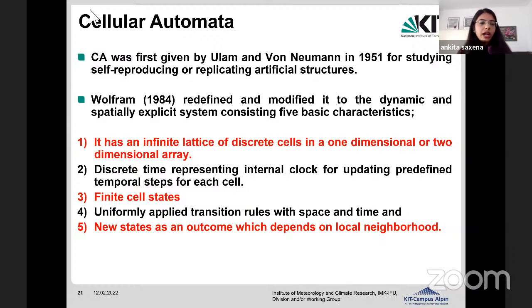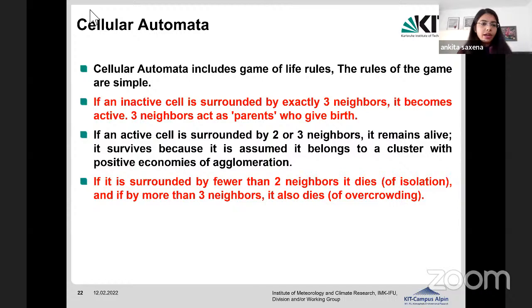That is one thing, and another is the probabilistic term, which is a time series. This combination makes a complete cellular automata, considering the neighborhood effect, life, death, and survival, and how it is implemented with the help of these rules.